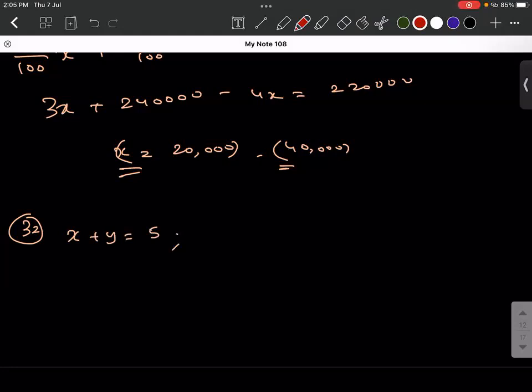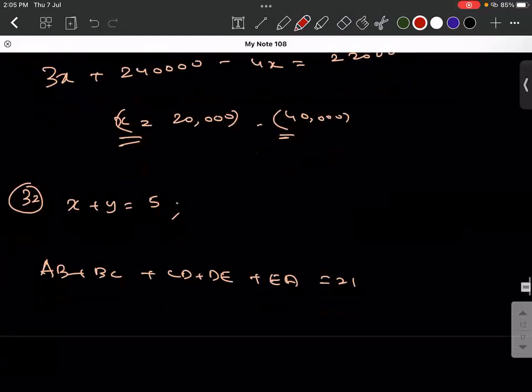And BC is parallel to DE. Then they have given the perimeter of ABCDE as 21. So AB plus BC plus CD plus DE plus EA is 21.